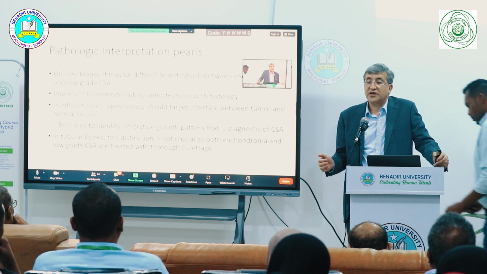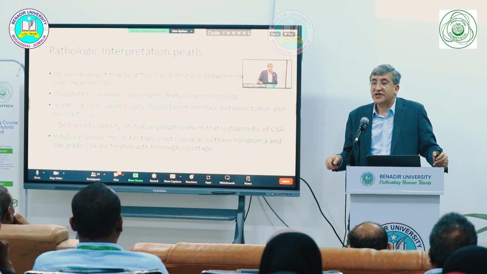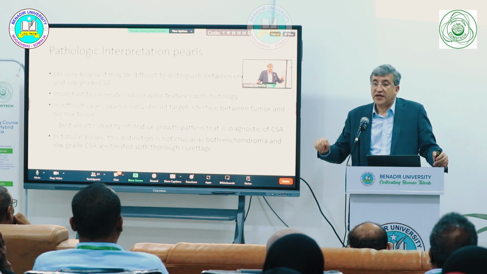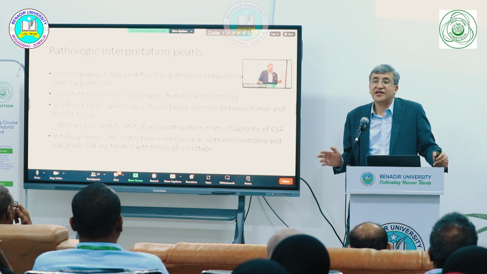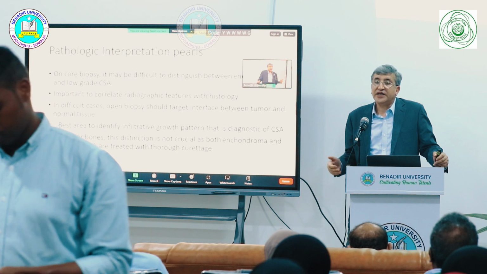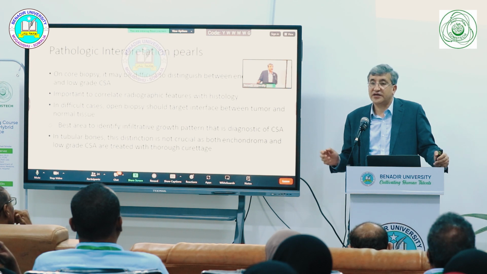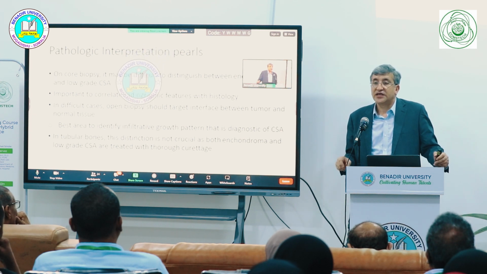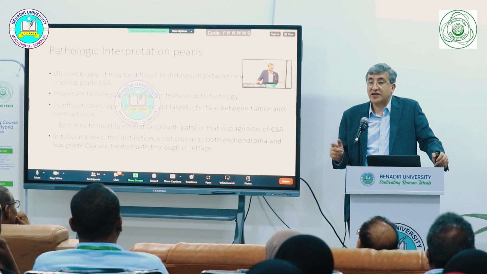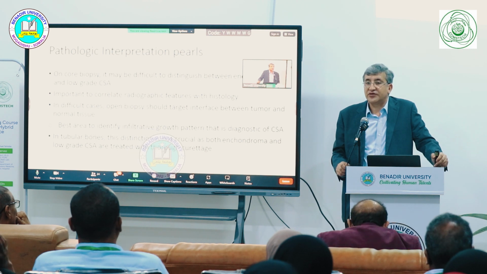So there is no metastasis when this tumor occurs in the long tubular bone, but when it occurs in the axial skeleton, meaning sternum, spine, the distinction is important, because in those locations, it behaves like a sarcoma, and the resection is the mainstay of the treatment.